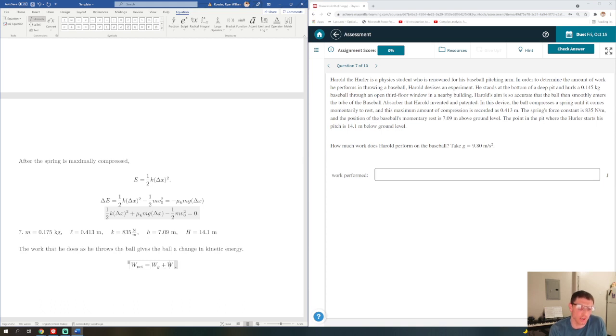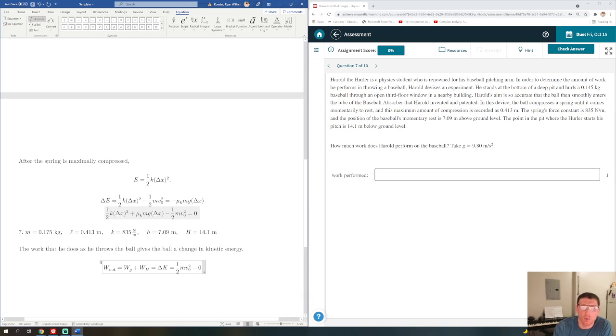And then there should be the work that he does on it to impart this change in kinetic energy, right? And the change in kinetic energy is just, we'll call it delta K, 1/2 m v naught squared minus 0, because we're going to say that the ball starts at rest before he begins to throw it, which I think is a sensible thing to say.